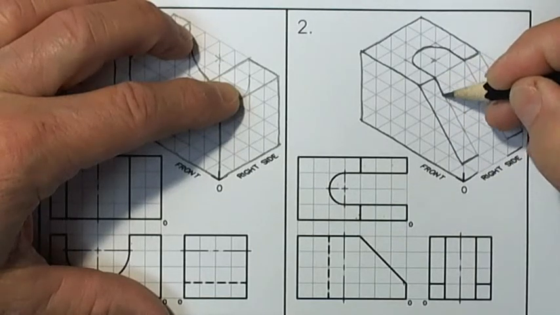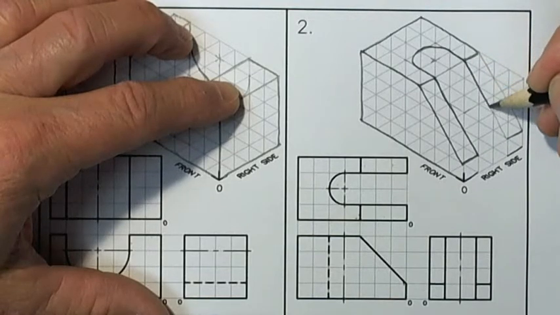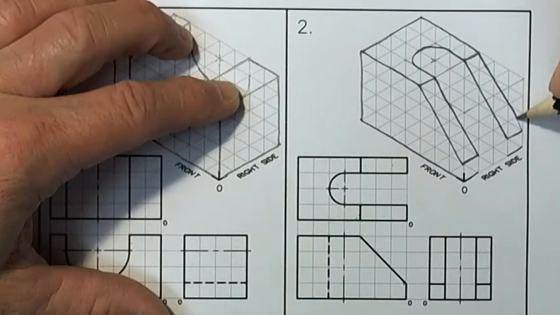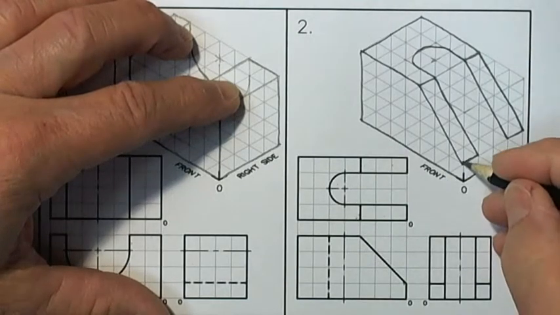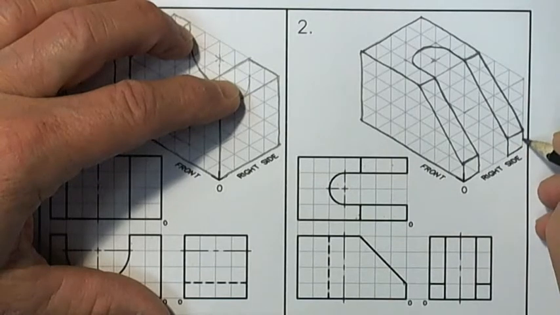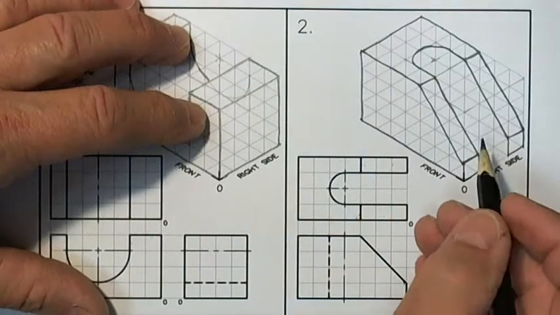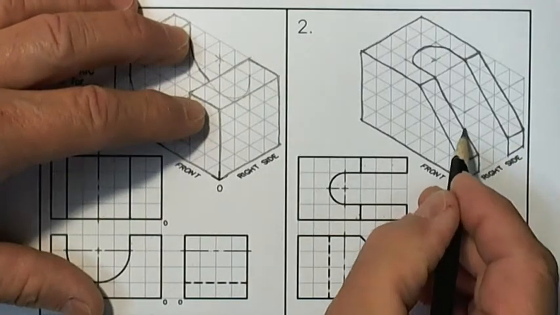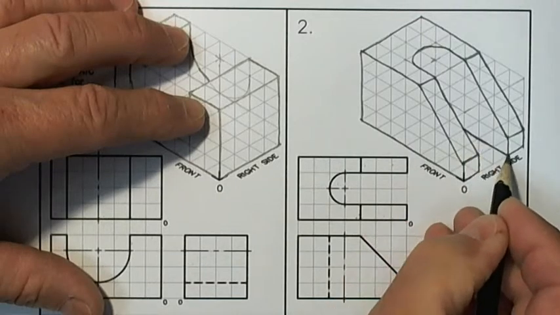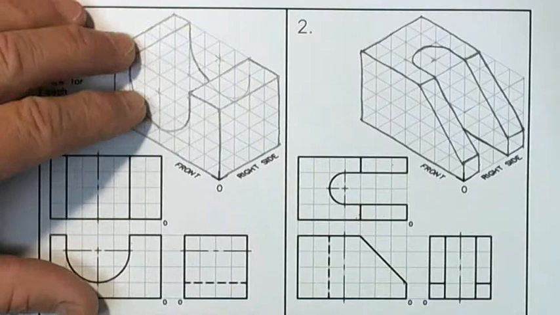My two inclined surfaces, and I realize that the lines that are parallel in the orthographic views are again parallel in the isometric. And that completes the isometric view, except for one line here. I need that edge that goes back from this inclined surface back into the object.